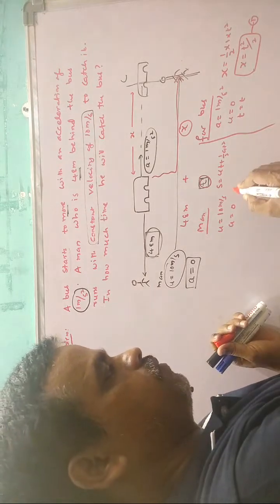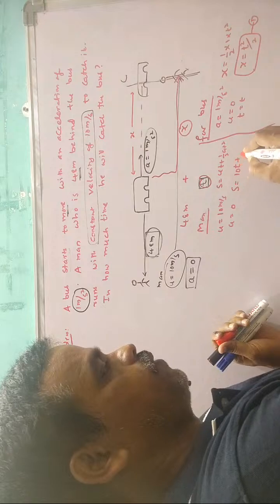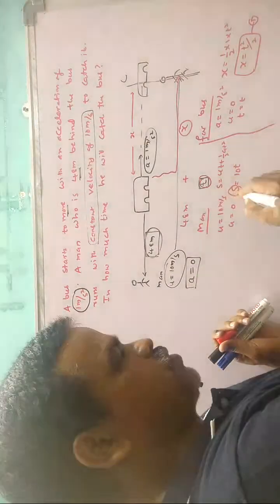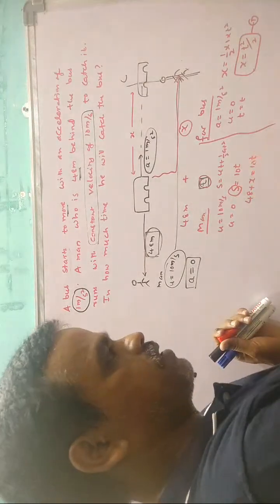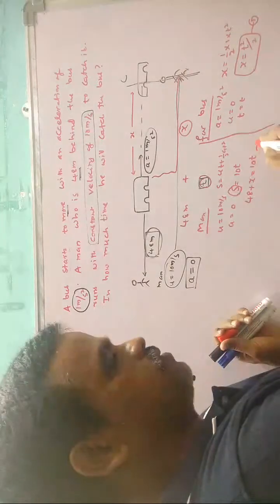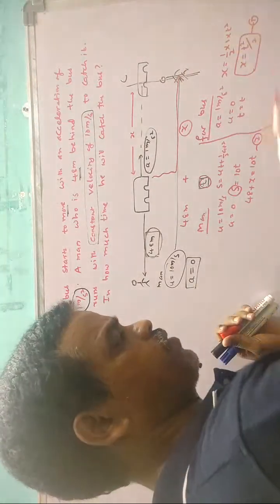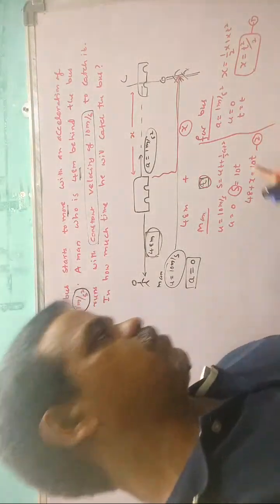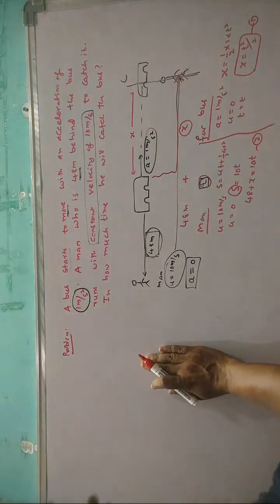Here u equal to 10 into t plus half into a, where a equal to 0. So displacement he has to cover, 48 plus x, is equal to 10t. This is equation 2. Equation 1 is x equal to t square by 2. From these two equations I will solve.